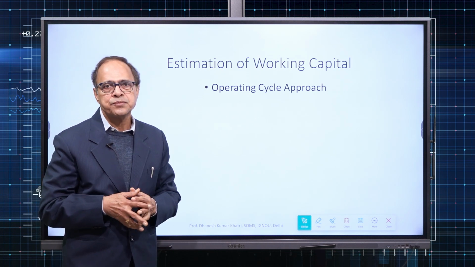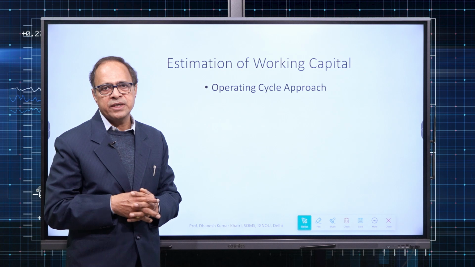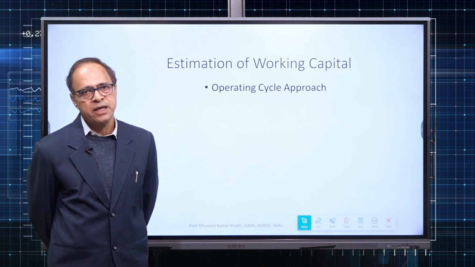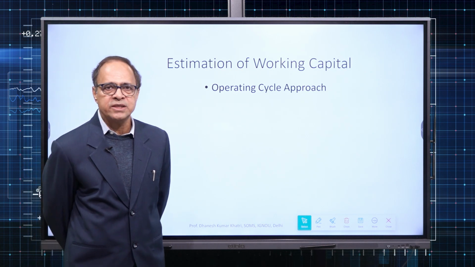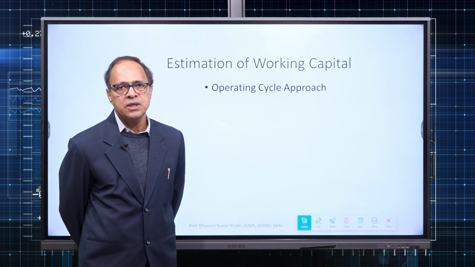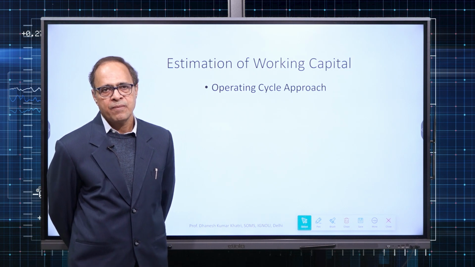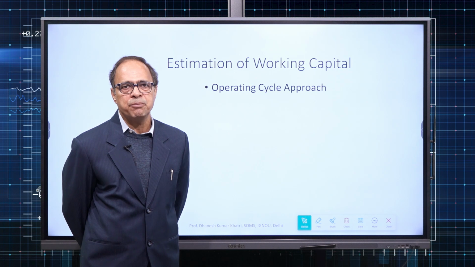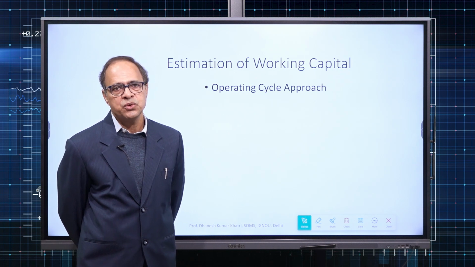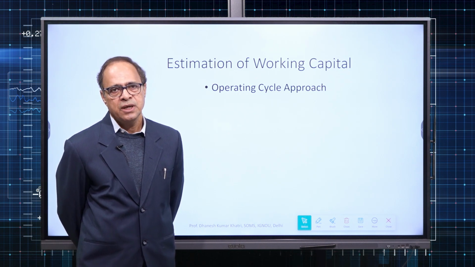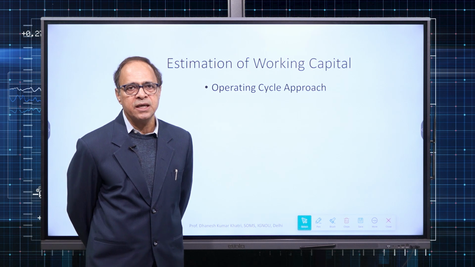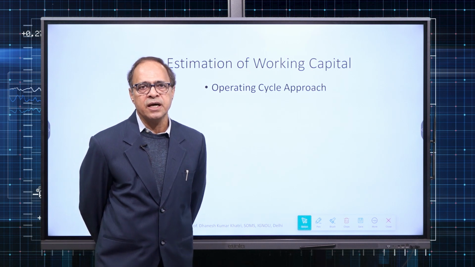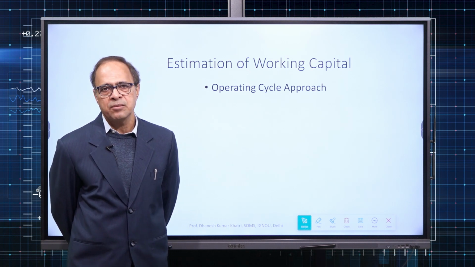As you know, every business, whether it is a trading business, that is a merchandising business, or a manufacturing industry, has something called an operating cycle. That means the operating activities flow through a particular process, and that operating cycle generates different kinds of current assets and current liabilities.